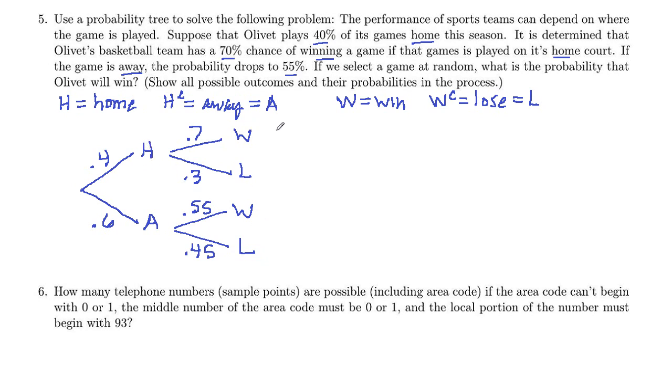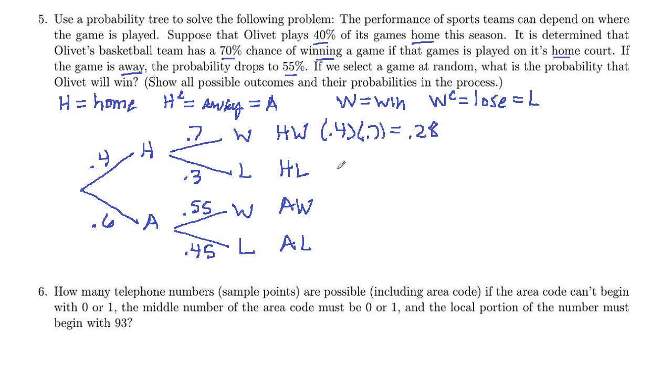So we've got home and win, home and lose, away and win, or away and lose. Those are our 4 possibilities. And then for the probabilities, you multiply along the branches. So 0.4 times 0.7 is 0.28.